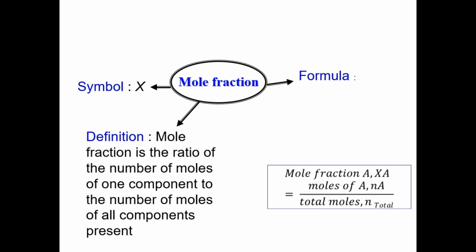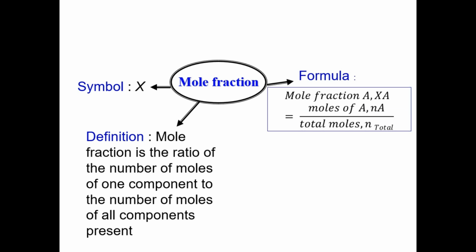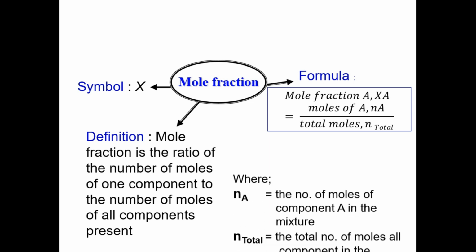If the species we have to calculate is A, then XA equals moles of A, Na, divided by total moles, N total.